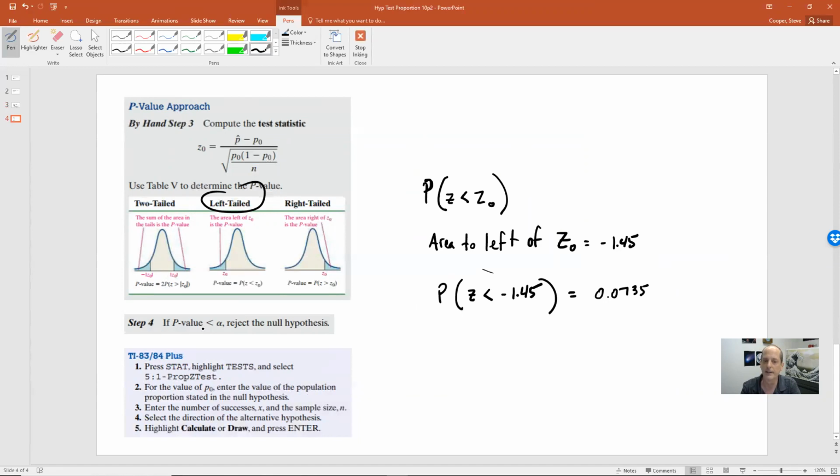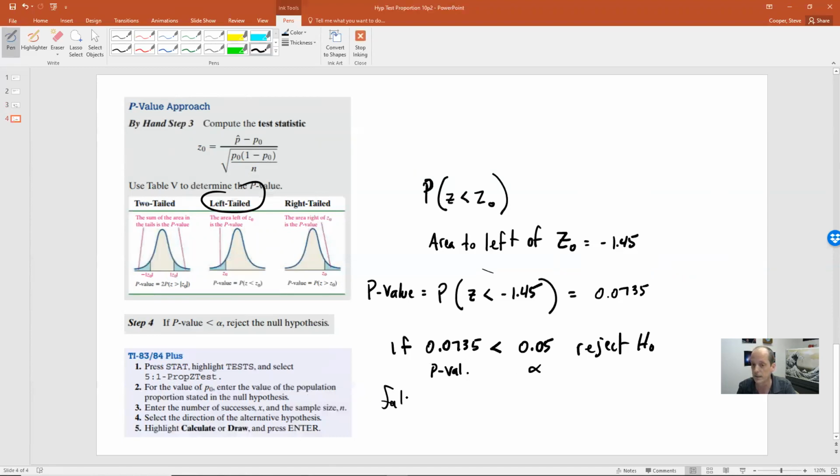Okay, and if the p-value, so if 0.0735 is less than alpha, well, remember alpha was 0.05, then we reject H naught. Well, we already saw in the last method that we do not reject H naught, and that's true here as well because 0.0735 is not less than 0.05, this is false. So we'll come to the same conclusion.